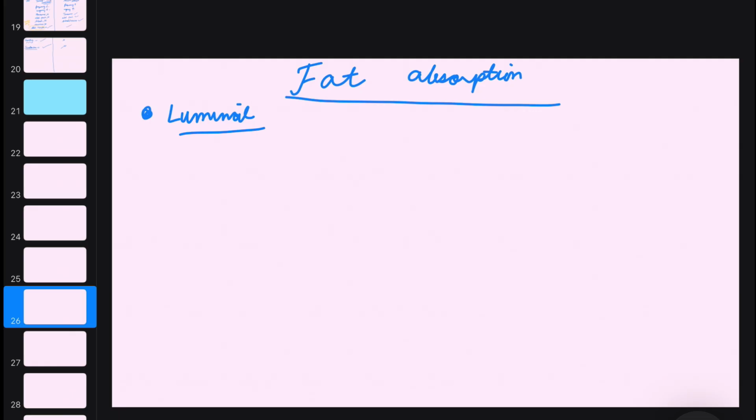So, what exactly is fats? Fats means mostly triglycerides, triglyceric acids.